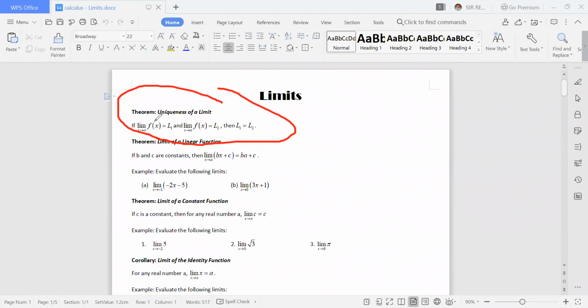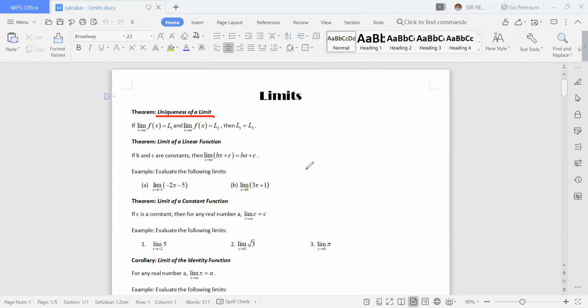If the limit of f of x as x approaches a is L sub 1, and the limit of f of x as x approaches a is L sub 2, then we can say that L sub 1 and L sub 2 are equal. So it means the limit of a certain function is only one. Got it? So it is called uniqueness of a limit.